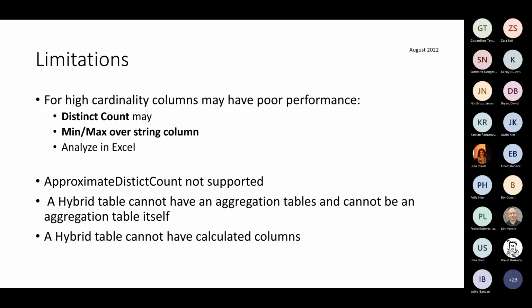A limitation of aggregations, which are summaries, is that the base table you define aggregations for has to be in DirectQuery, and your aggregations are import. If you try to enable aggregations on an import table, currently it is not supported. As a result, hybrid tables fall in the same category because they're half import, half DirectQuery.